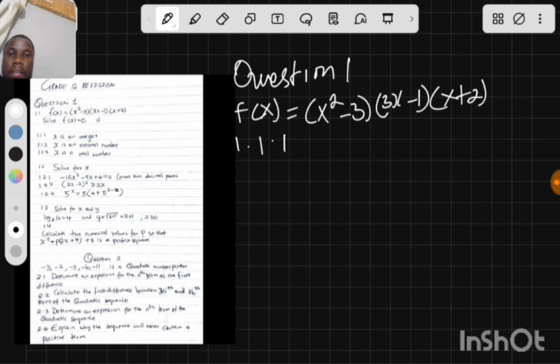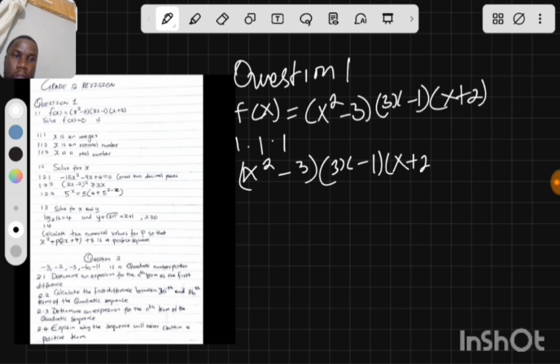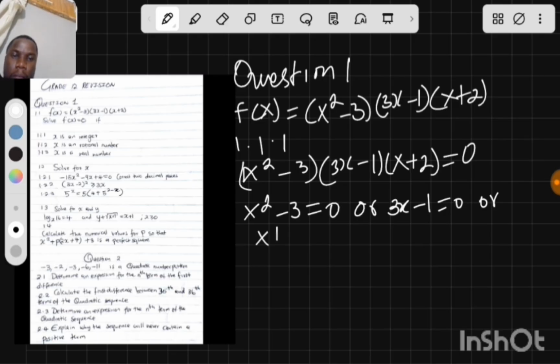I will have x squared minus 3 times 3x minus 1 times x plus 2 equal to 0. Then x squared minus 3 equals 0, or 3x minus 1 equals 0, or x plus 2 equals 0.